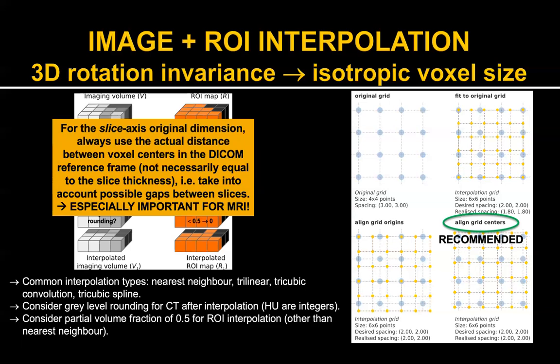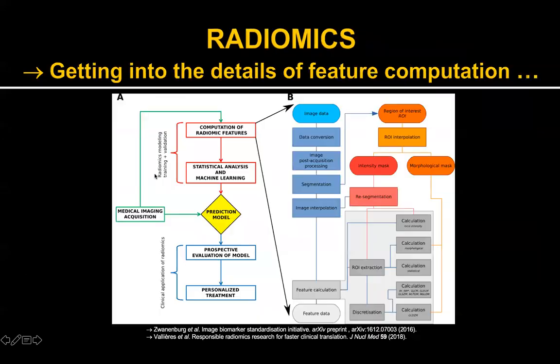For MRI especially, sometimes we encounter a gap between slices in the slice dimension. So the slice thickness is not the distance to use to calculate isotropic voxel size, but rather the slice spacing that needs to be taken into account. That's something to keep in mind.